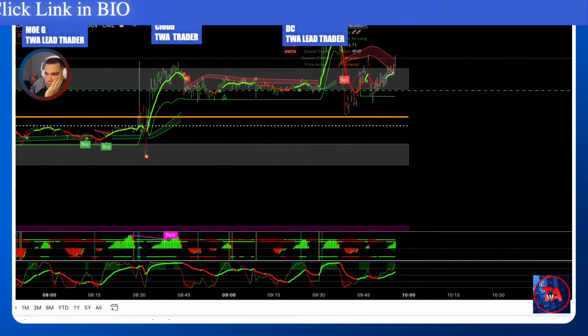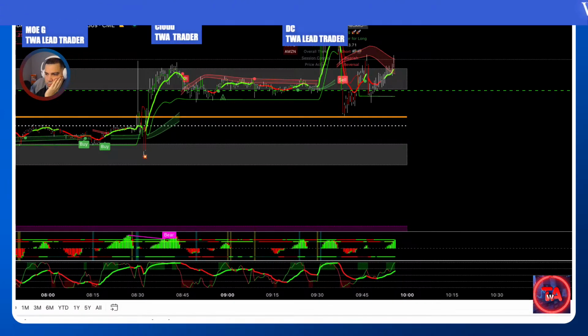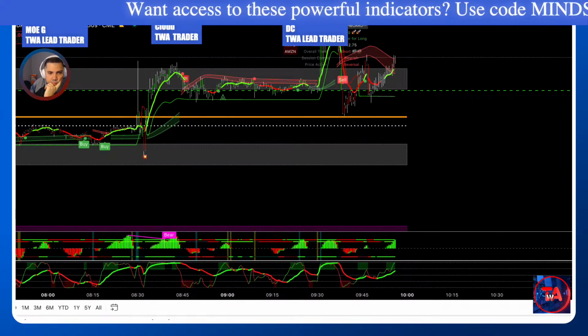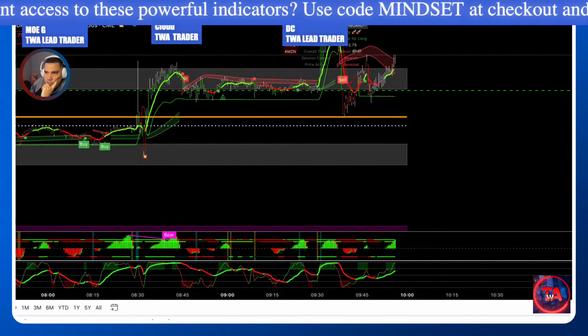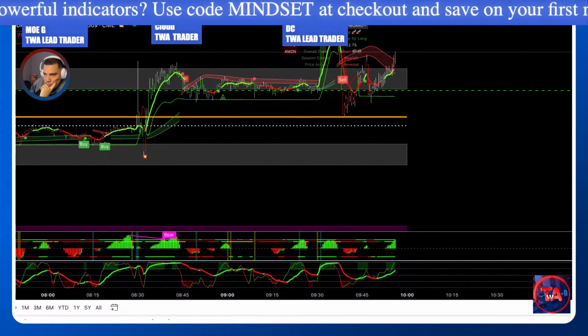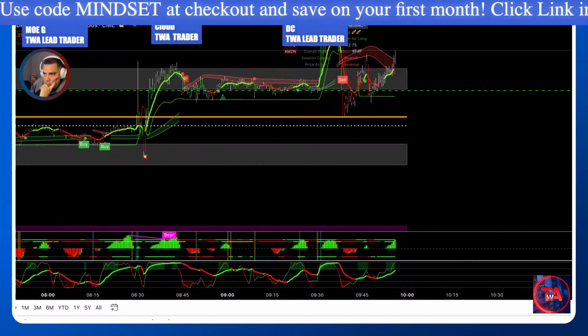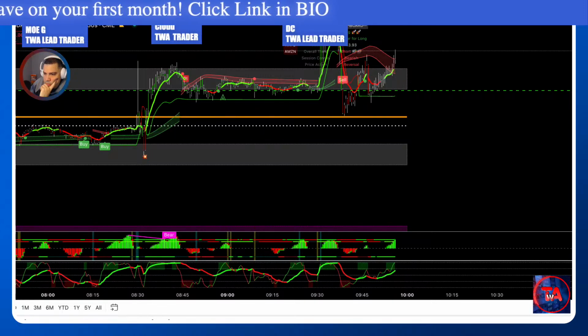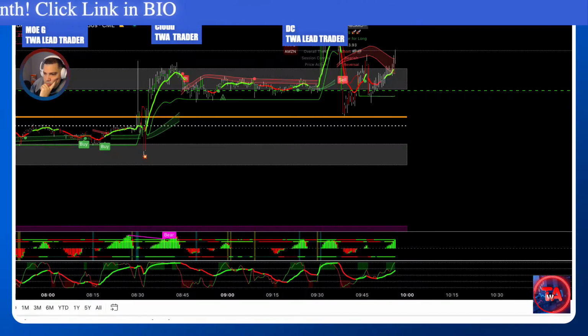Today hasn't been as eventful as the past days. We haven't caught 100 points just yet, but this trade could run 100 points here, potentially. Okay.